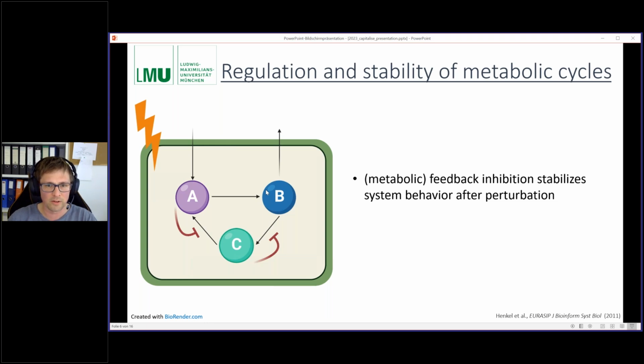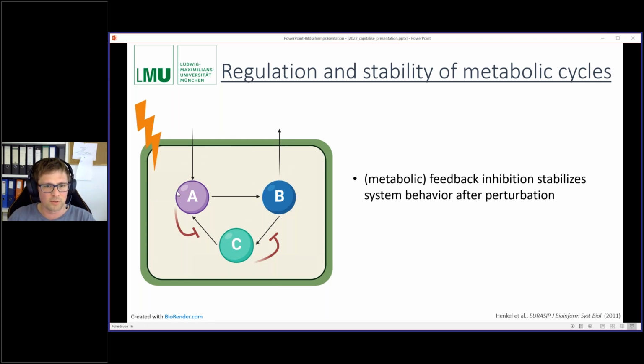And what does it mean? It sounds quite abstract. I show you here in a simple example. If you have 3 cellular components, which might be metabolites, A, B, and C, and they are interconnected enzymatically, and you perturb this little system, you can interpret this first arrow, for example, as photosynthesis, and the second arrow as mitochondrial respiration, entering and leaving the system.